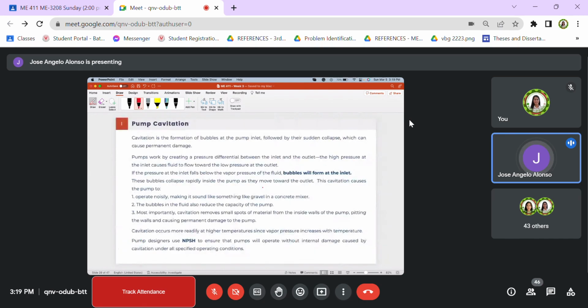So before we define what is net positive suction head, define muna natin bakit nagkaroon ba or bakit ang mga engineers or mga designers ay nag-come up sa net positive suction head. Ano yung kailangan nilang i-treat? Ano yung problem na nakita nila sa pump na kailangan natin i-treat?